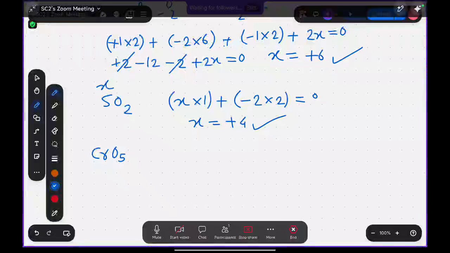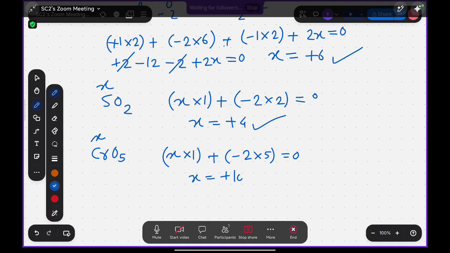Let's see, chromium is to be calculated, so it is x into 1. And if I choose all the oxygen atoms to be minus 2, minus 2 into 5 is equal to 0. So x comes to be plus 10.